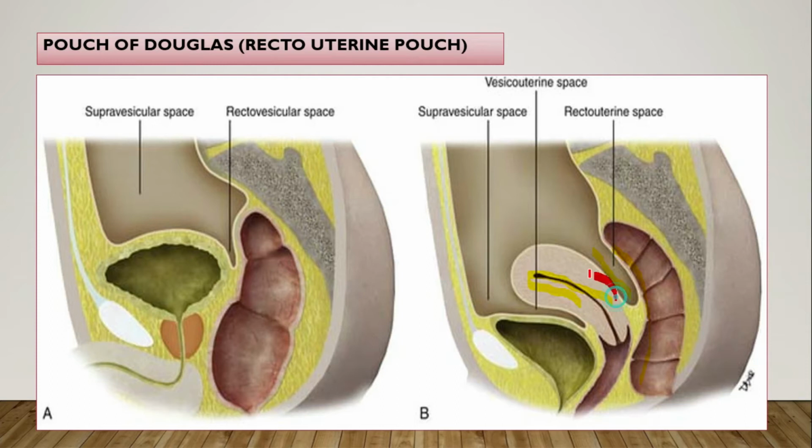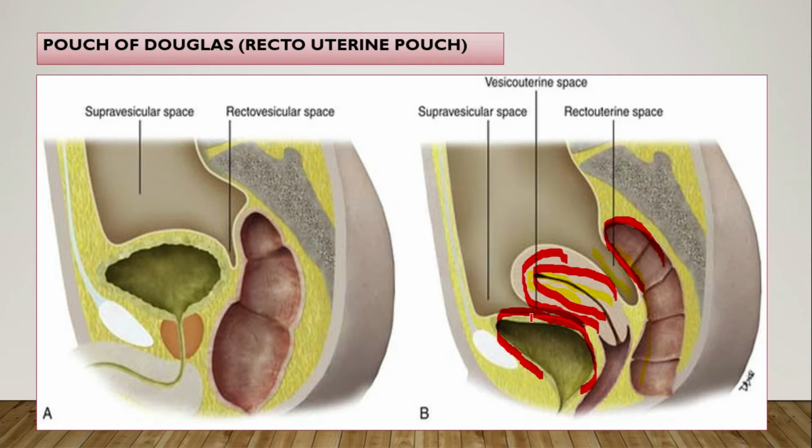Here we have the uterus, and here we have the rectum. The space between the uterus and the rectum is called the rectouterine space. Here we have the bladder, and here we have the uterus. The space between the bladder and the uterus is called the vesicouterine space.